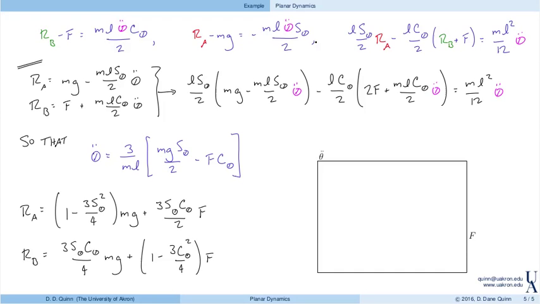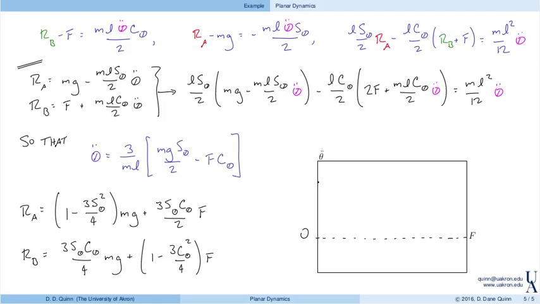So now here I'll just do a little bit of analysis of this and kind of give you a feel for what happens. And I'd like to plot theta double dot versus F. And so here we'll kind of denote 0 at this level. And I'd like to know how this angular acceleration changes as I vary the applied load.